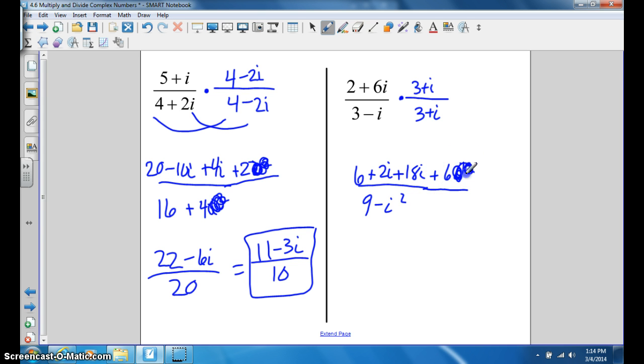So this here is going to become a negative 6. This here is going to become a plus 1. So we will actually have these two terms cancel out. So we're going to be left with 20i all over 10, which just simplifies to 2i.